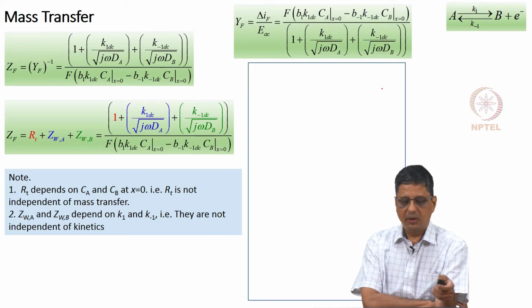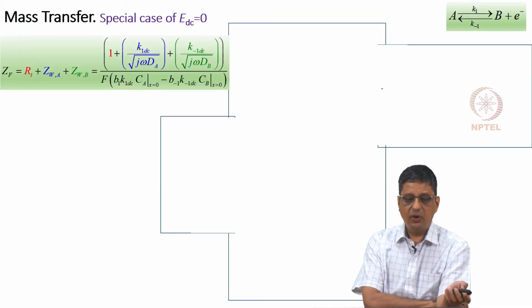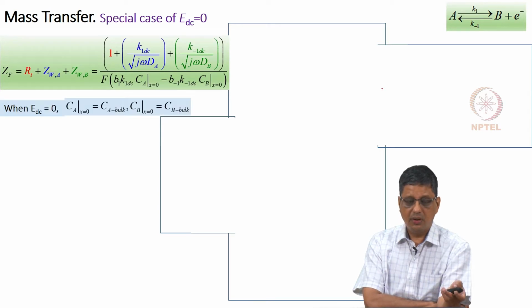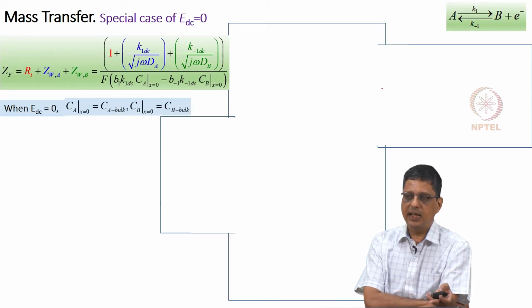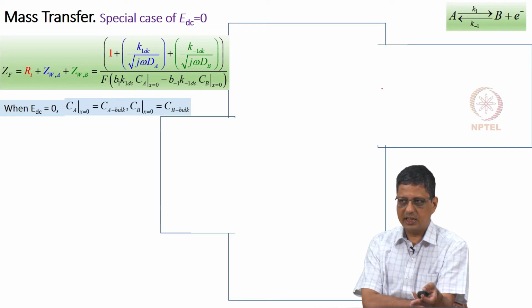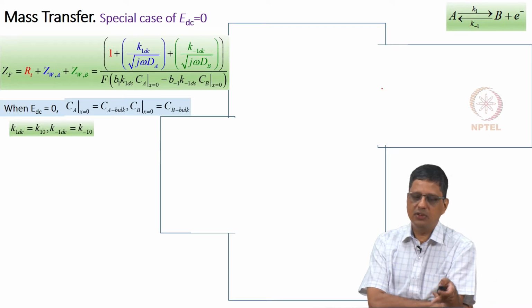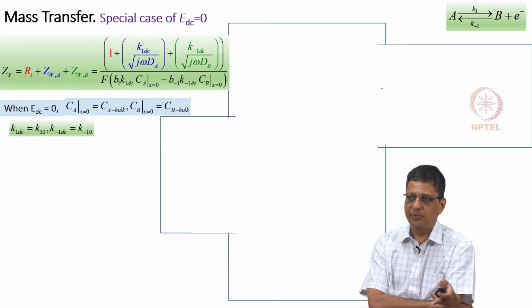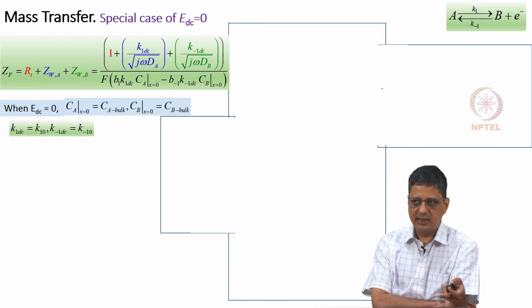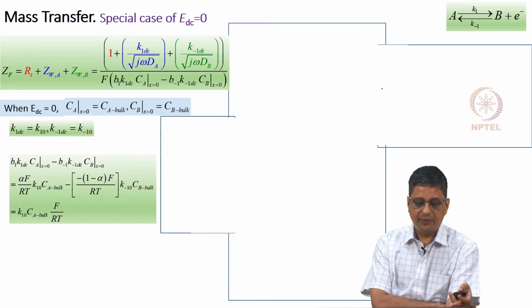However, if you look at the special case of EDC equal to 0, concentration of A on the surface is going to be same as concentration in the bulk. Concentration of B on the surface is same as concentration in the bulk, because we are not applying any DC bias. Okay. K1 DC is going to be K1 0, K minus 1 DC is going to be K minus 1 0, because EDC is 0 here.